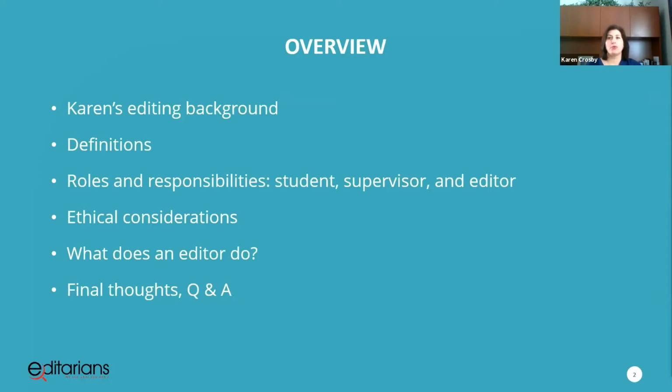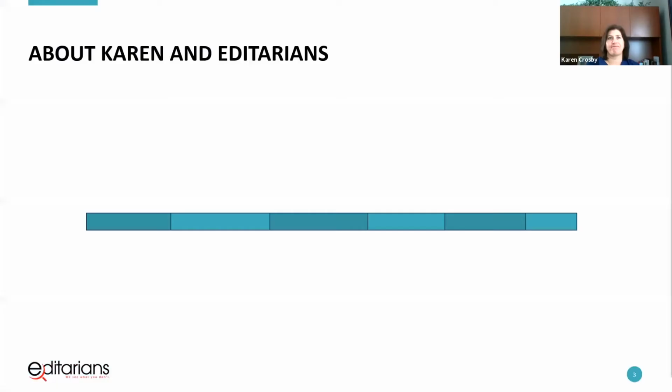What are the roles and responsibilities of students, supervisors, and editors to ensure that editing does not become cheating? What do the guidelines say and why? And I'll then explain what editors do exactly, beyond gloating about the misspelling we found in today's newspaper. I'll explain the 4 types of editing and how they fit with academic writing. And finally, we'll wrap up with some food for thought and a Q&A session.